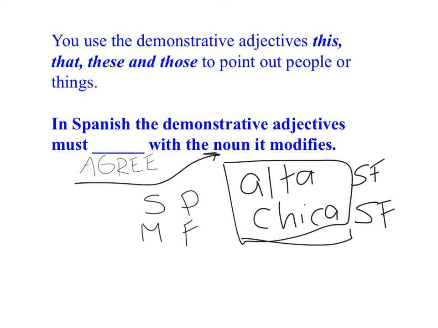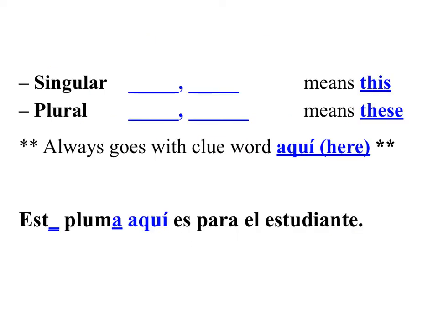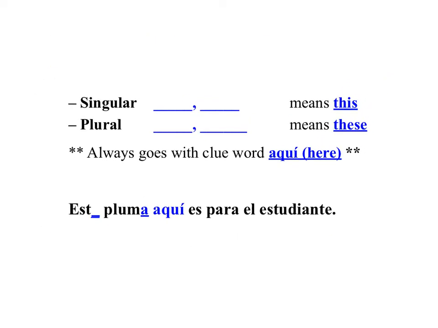You're going to have to look at a word and make sure that you can identify, is it singular or plural, looking at the end, and is it masculine or feminine. So that's what I mean by agree. So we're going to get to our first words, and we have singular and plural.